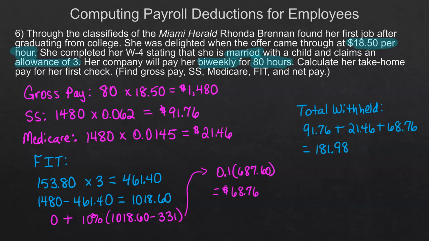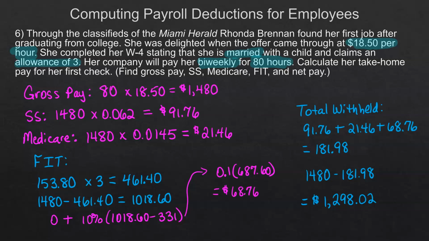And so then we're going to subtract that from her gross pay, which was $1,480, minus $181.98. So her net pay will be $1,298.02.